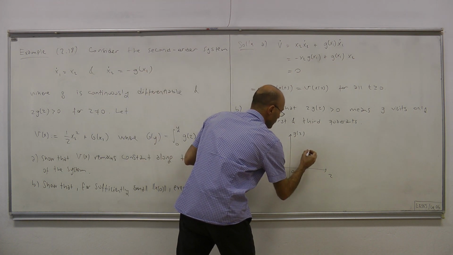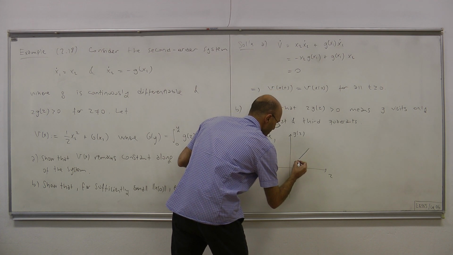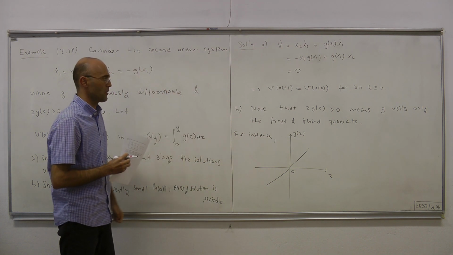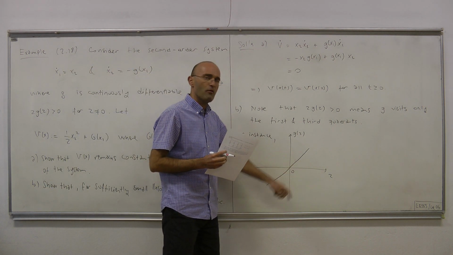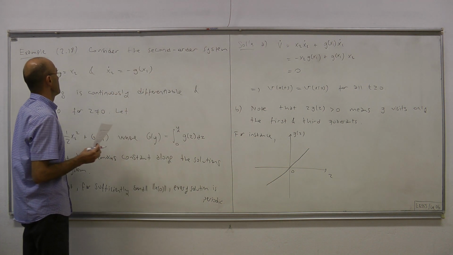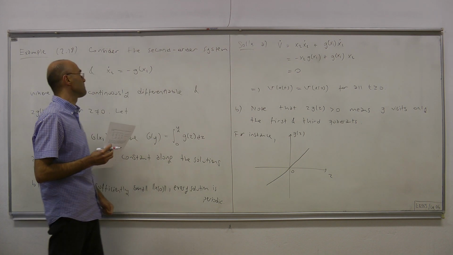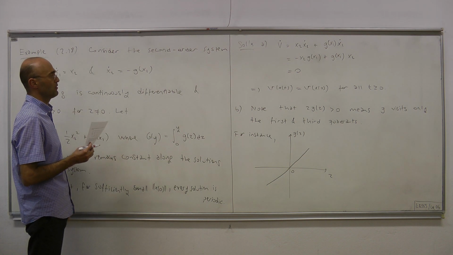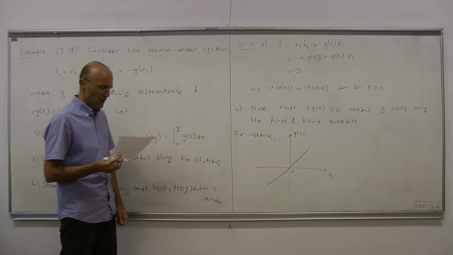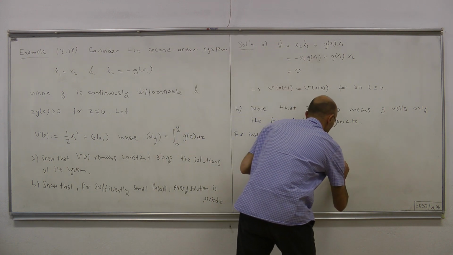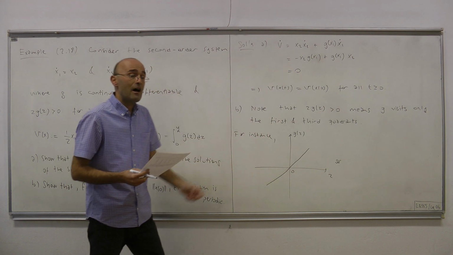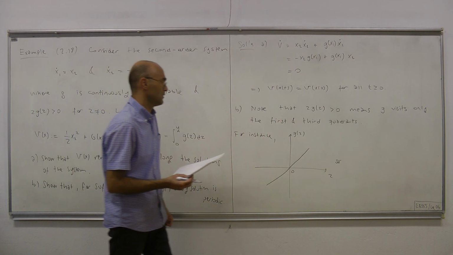For instance, the simplest case would be a line passing through the origin, and if the slope of that line equals 1, then that boils down to the normalized harmonic oscillator that we mentioned in the beginning of the example: x1 dot equals x2 and x2 dot equals minus x1. But in the problem we're allowing g's that are not linear also.